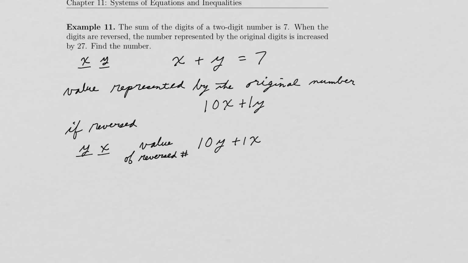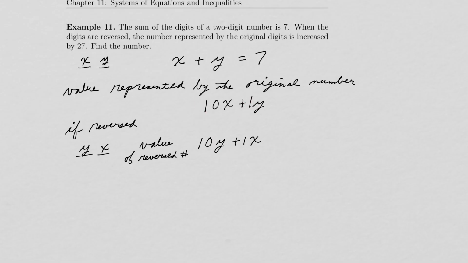Okay, and what this is saying is that when the digits are reversed, the number represented by the original digits is increased by 27.